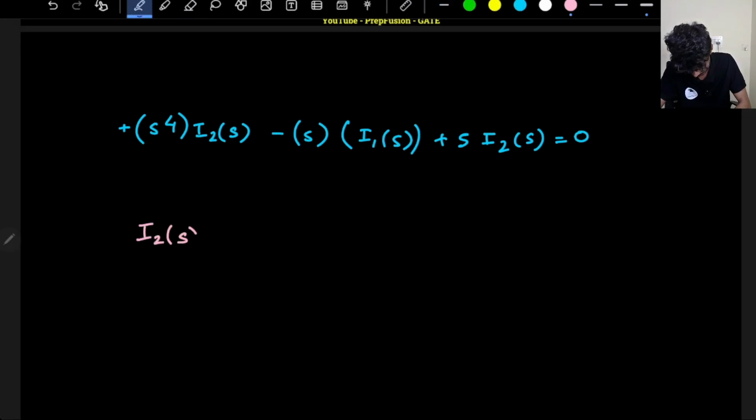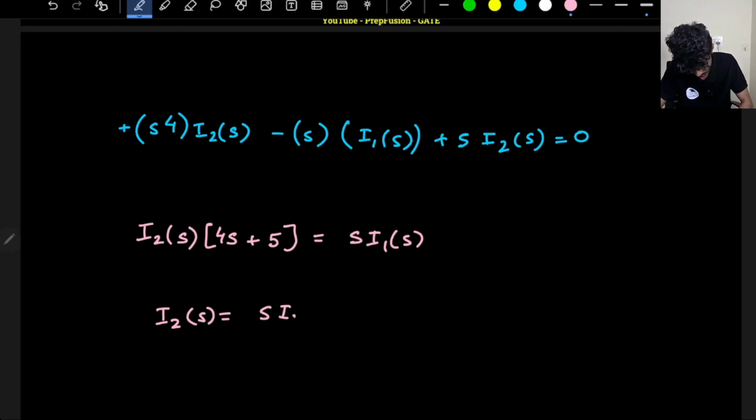So I can directly write here I2 of S into 4S plus 5 equals S into I1 of S. So my I2 of S will be equal to S into I1 of S divided by 4S plus 5.